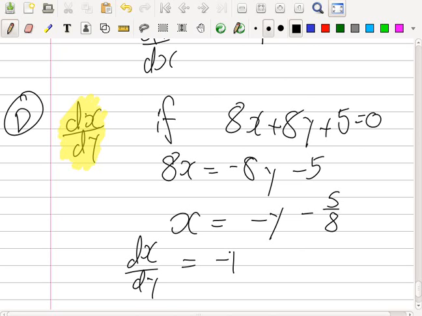In 2b, use rules of logs to simplify first, before you use your derivative rules. Got it? Alright, start those now.